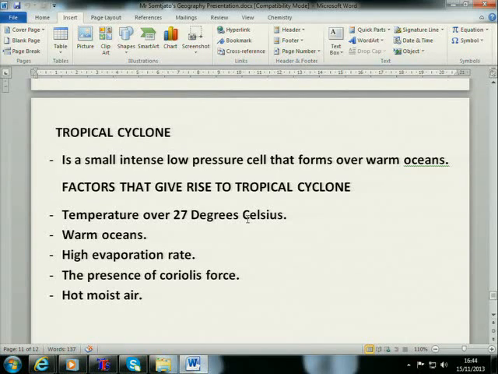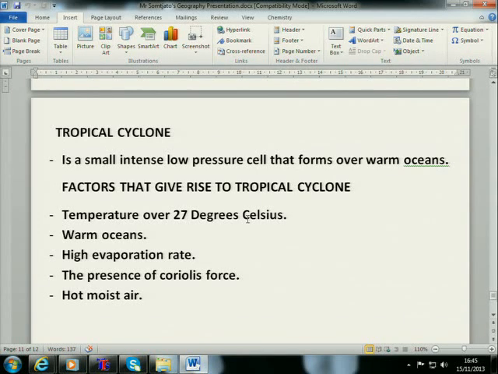They also need a high evaporation rate, because high evaporation causes warm air to rise higher into the atmosphere.